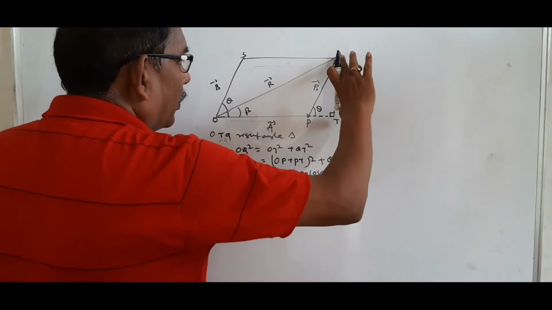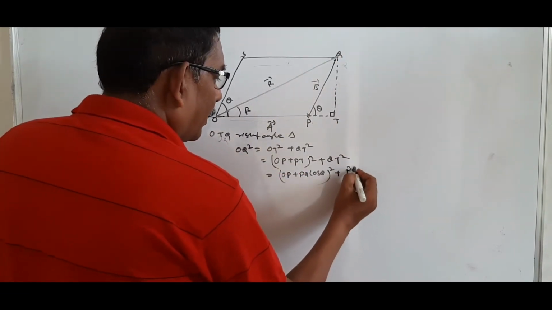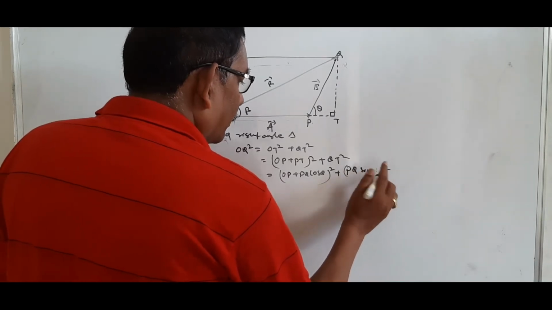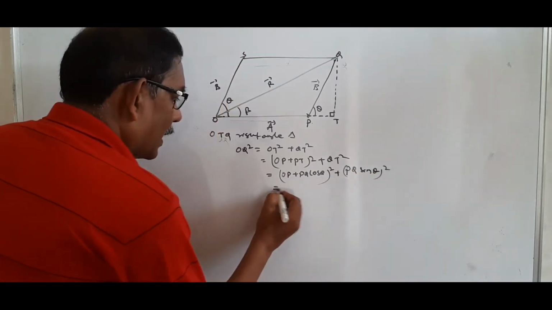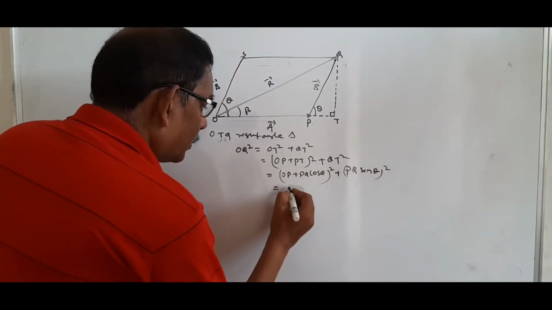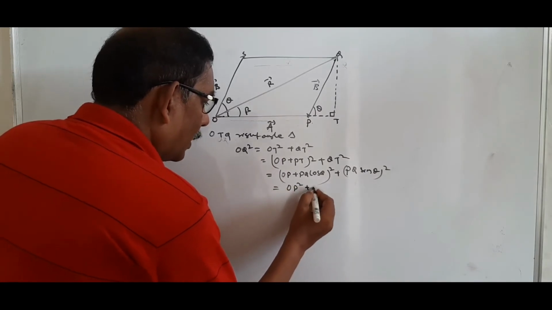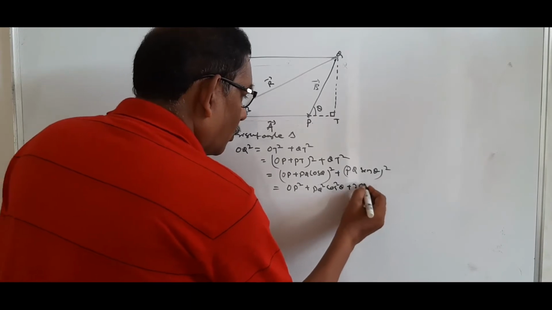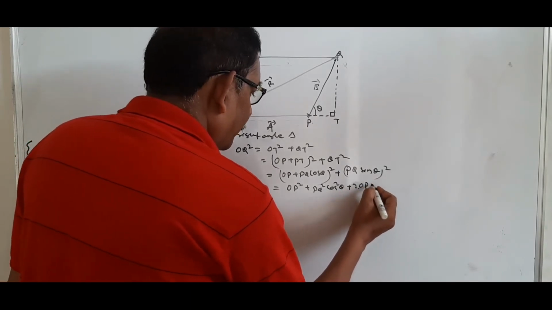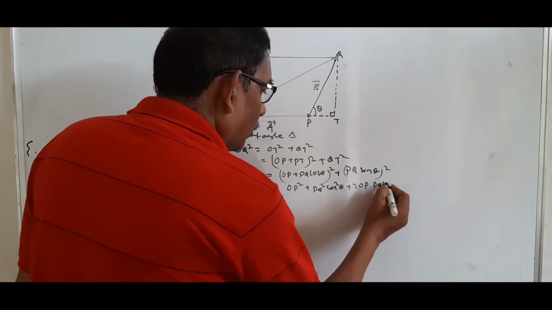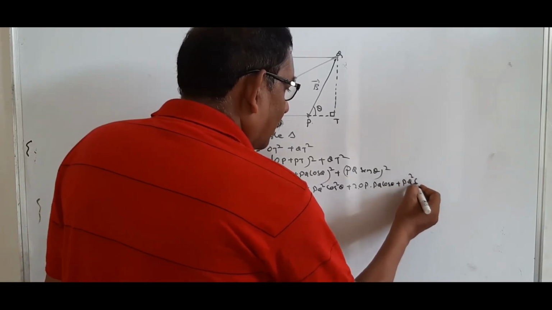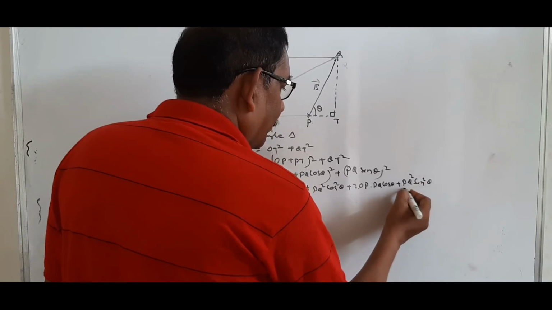QT is equal to PQ sin theta whole square. Expand the equation: OP square, plus 2 OP PQ cos theta, plus PQ square cos square theta, plus PQ square sin square theta.